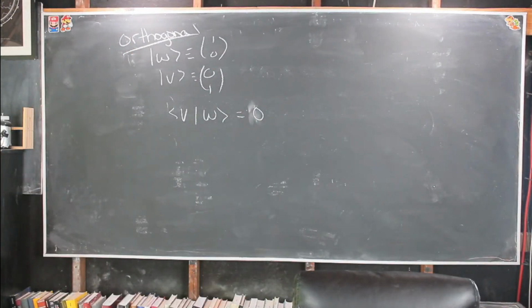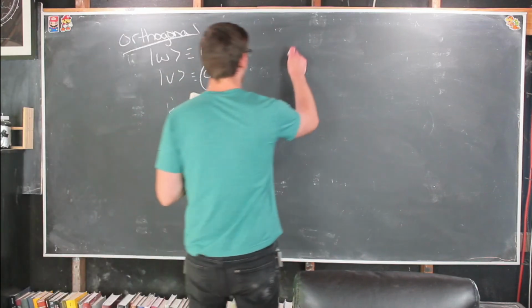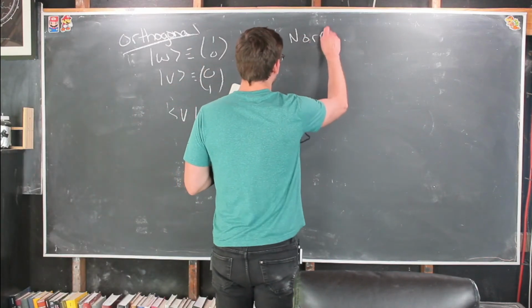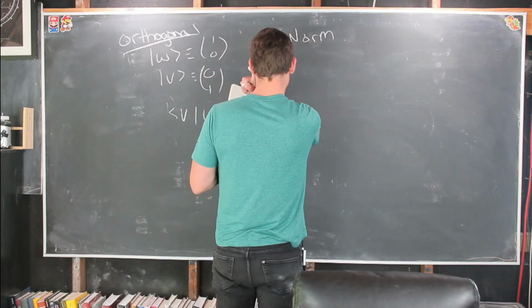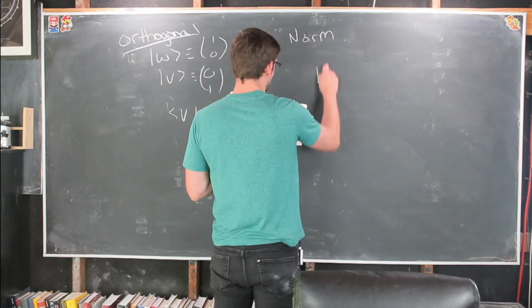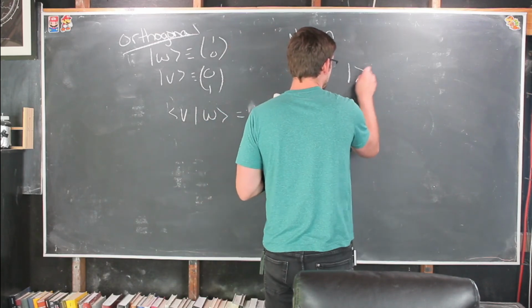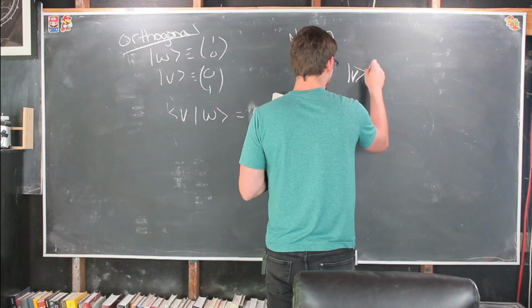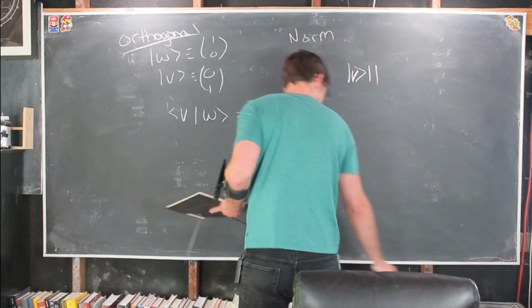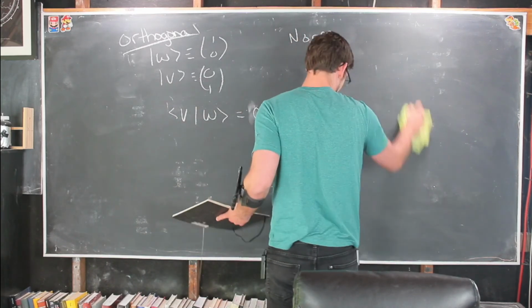But the last thing I want to talk about is norms. We want to normalize a vector space. A norm is going to be written notationally as such, basically a state with double lines on either side of it.